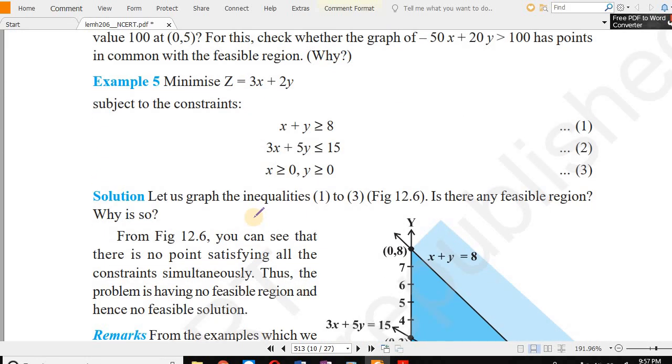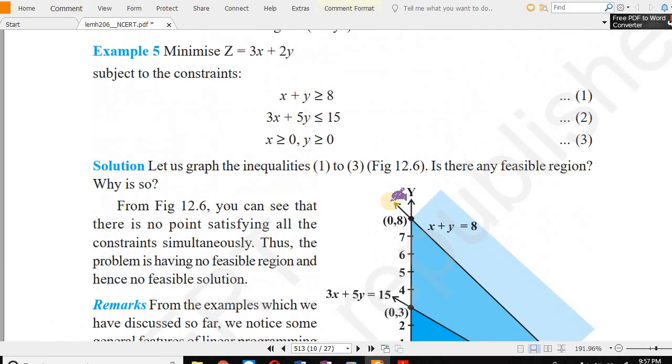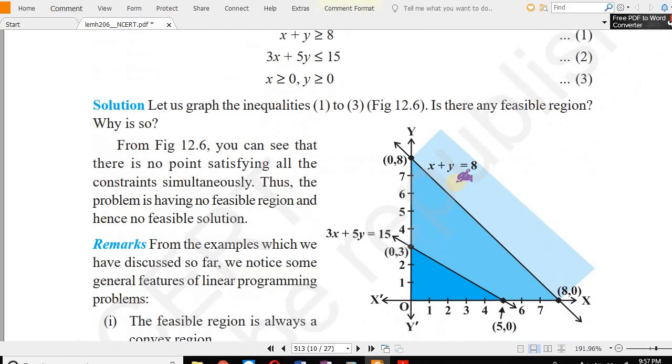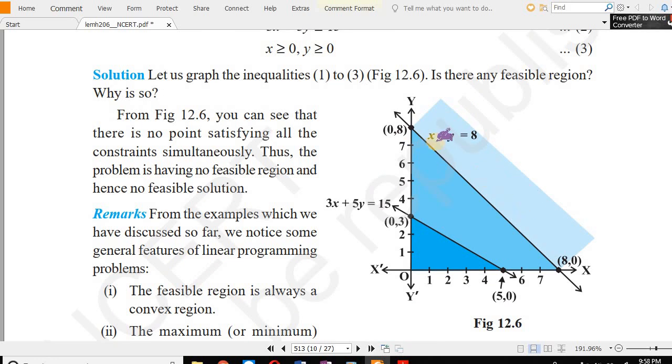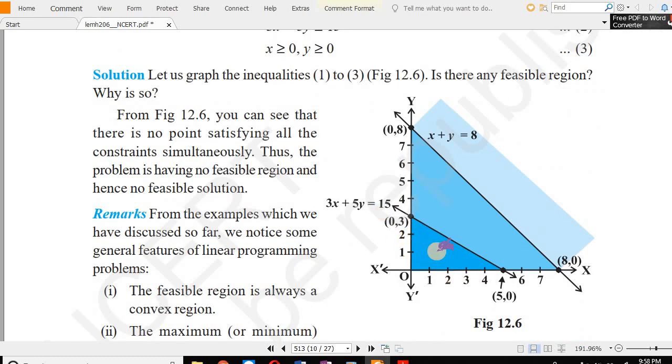All right, here we have another case. Minimize z equals 3x plus 2y with these constraints, and you can graph this. And the feasible region is, well, what is the feasible region? x plus 2y greater than or equal to 8 is this region above the line x plus y equals 8, so it's up here. 3x plus 5y less than or equal to 15 is the dark blue region below this line here.